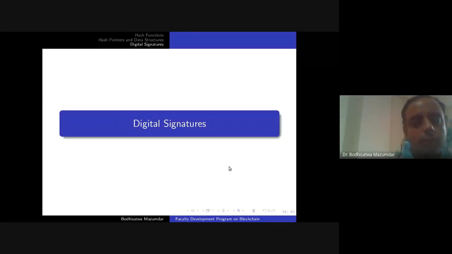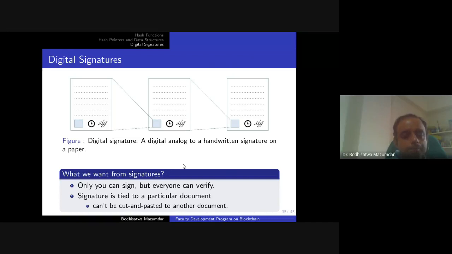So the next crypto primitive that we come across is digital signatures. In a digital signature, you take a document, and the system should guarantee that the person who generates that document is the only person who can sign it.